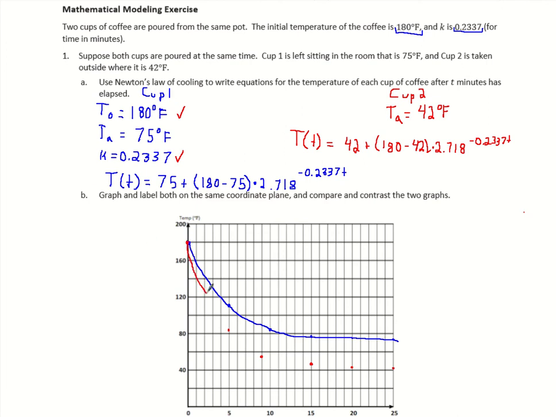So as you can see, our two graphs, despite having so much in common with one another, are going to look pretty different from one another.